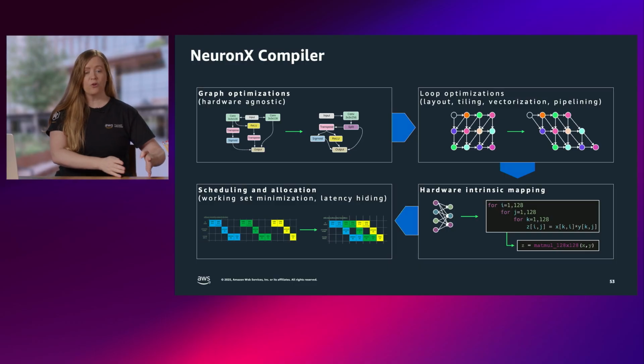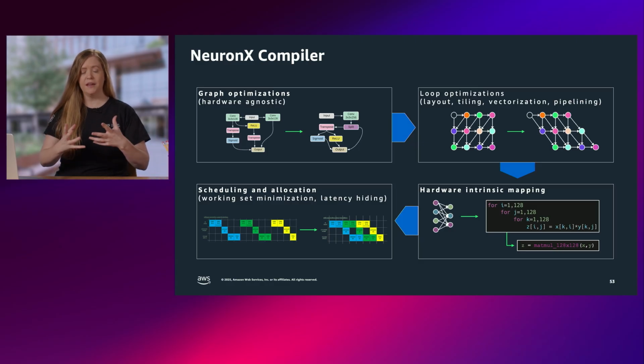And so that hardware intrinsic mapping stage is essentially the mapper between the math that you defined in your model. After the graph was optimized and the loop was optimized, then we map the operations from your math to the hardware directly.